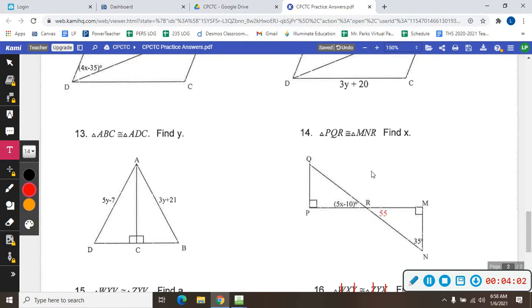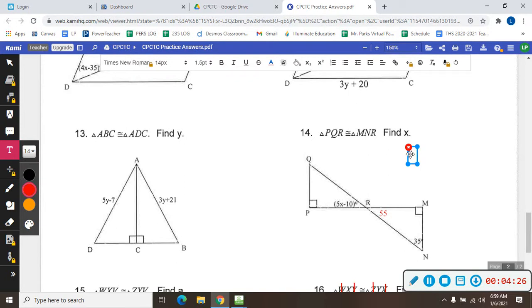And then from there, I know that angle R equals angle R based off looking at the CPCTC, knowing that these triangles are congruent. So I could set 5x minus 10 equal to 55, or I could recognize that 5x minus 10 and 55 are vertical angles.